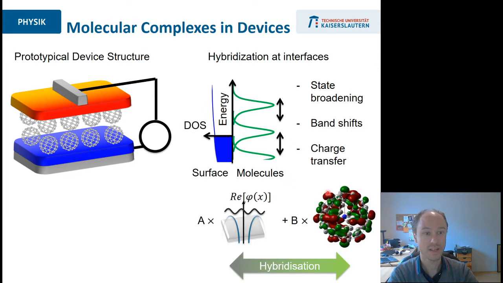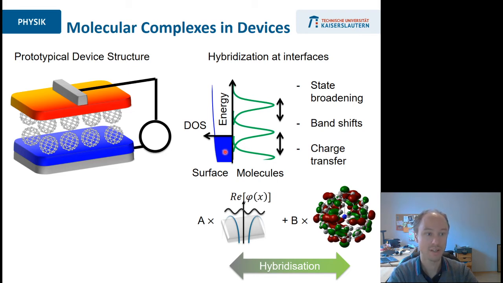And these changes can be correlated to the interaction in the system. For instance, for molecules on metal surfaces, the hybridization, or at least interaction, between substrate or metallic states and molecular orbitals results in this charge transfer or shift of the states around the Fermi level.